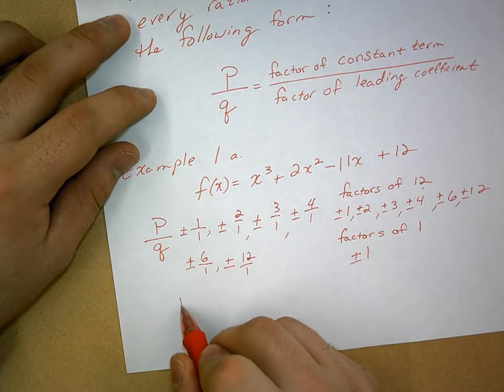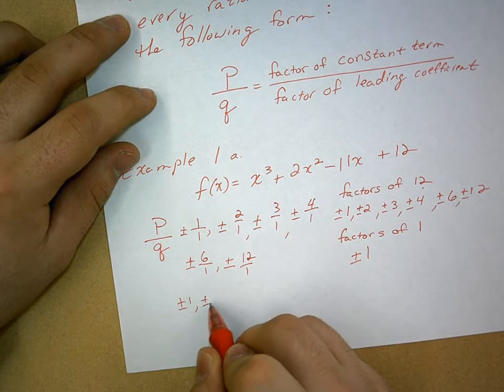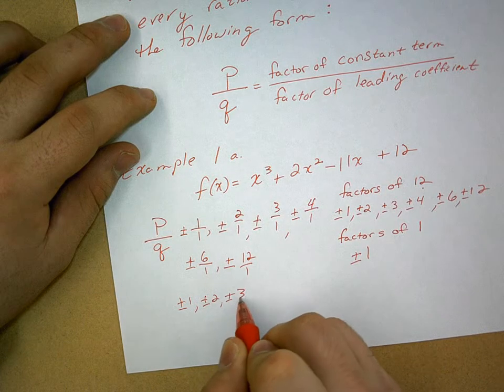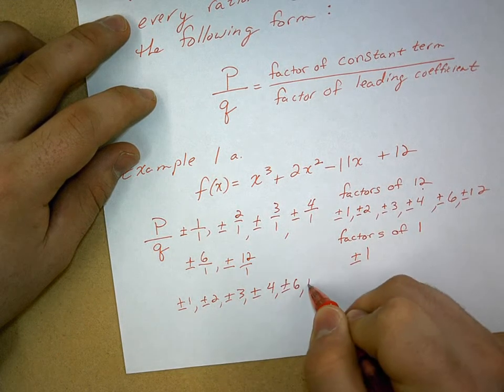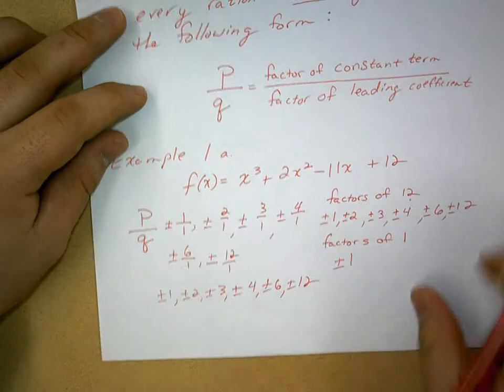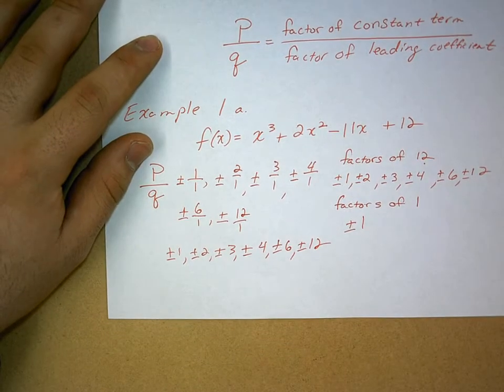Simplify it, you get plus or minus 1, plus or minus 2, plus or minus 3, plus or minus 4, plus or minus 6, and then plus or minus 12. And that is how you find all possible rational zeros.